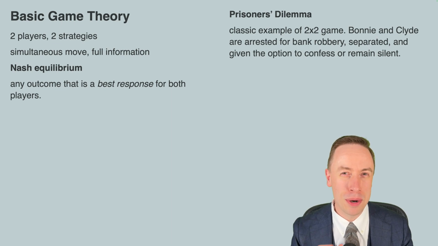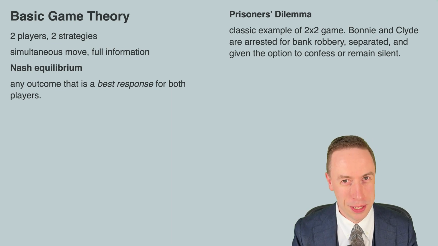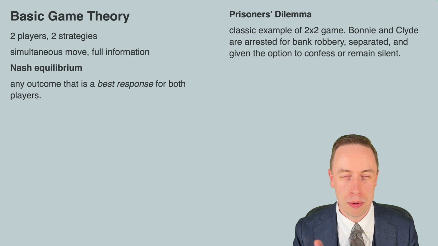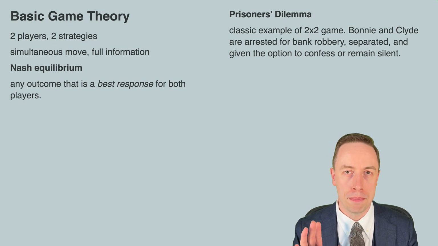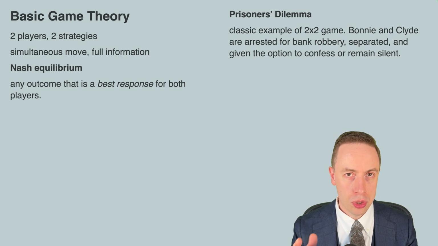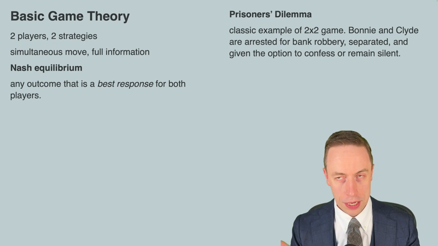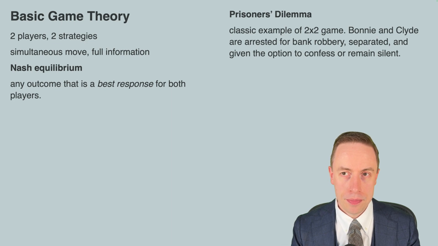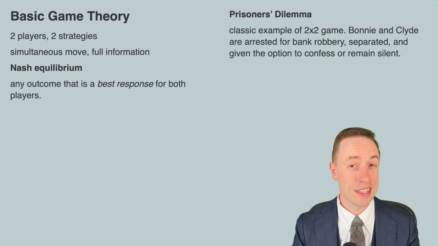But the reason we always bring this one up is because it's a great explanation for why cooperation can be difficult to maintain. The Prisoner's Dilemma. There are various flavors of the story. The way I'm going to tell it is, we've got two individuals here, Bonnie and Clyde. They were arrested for bank robbery. But it's not an ironclad case.